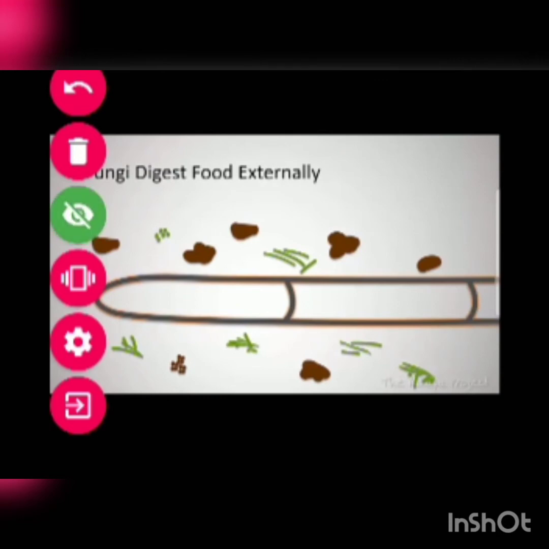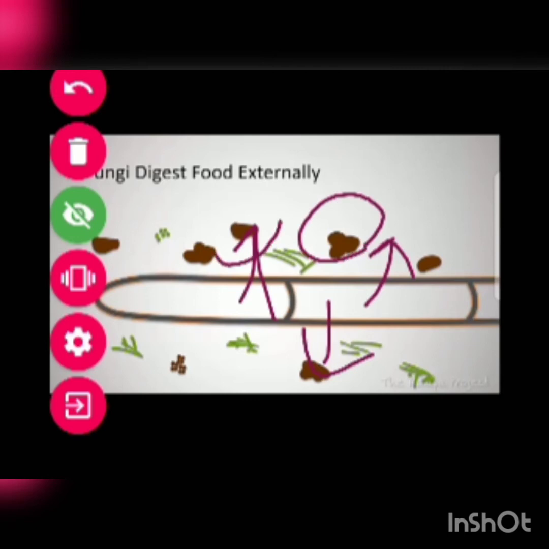Here you can see the thread-like structures that are called the hyphae. Now these hyphae will secrete digestive juices into the surroundings. The complex food materials that are present outside will be digested by these digestive juices.